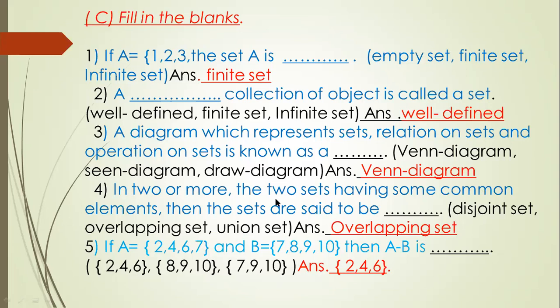If there are some common elements, they are overlapping sets. If A equals 2, 4, 6, 7 and B equals 7, 8, 9, 10, then A minus B means this is subtracted from this. What will be left there? 7, 7 cancel. Then 2, 4, 6 is left. 2, 4, 6 is the answer. Now let's move to the next slide.